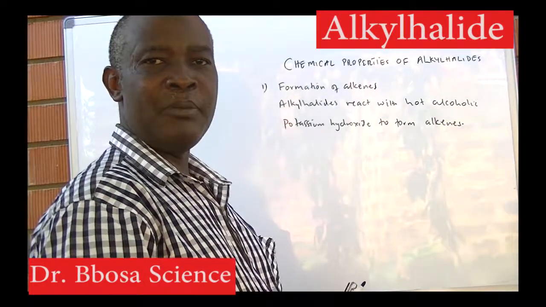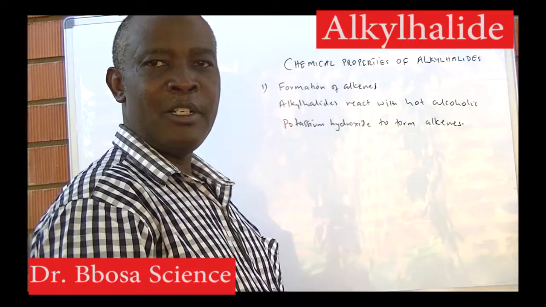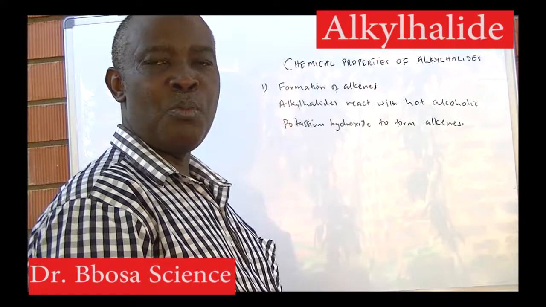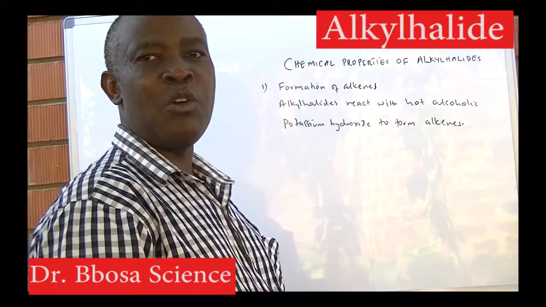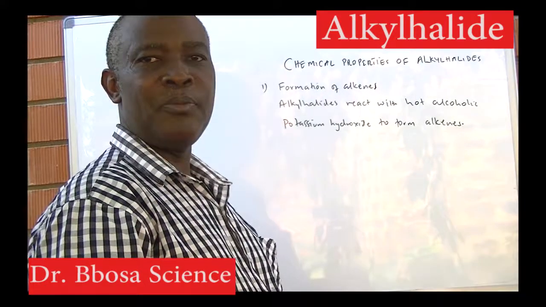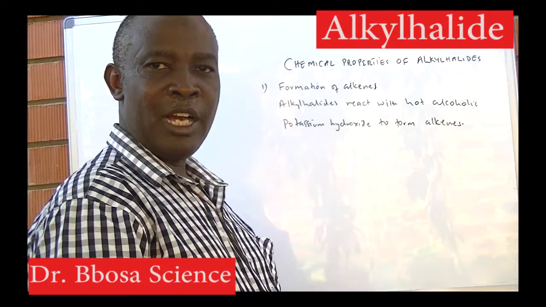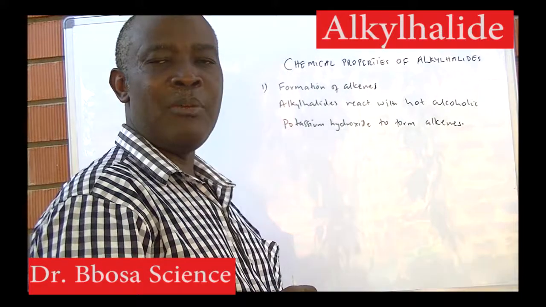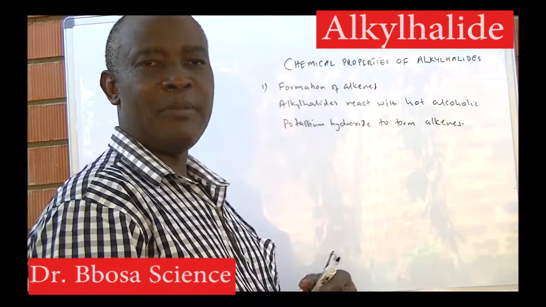The mechanism depends on the type of alkylhalide. Primary alkylhalides undergo the E2 mechanism, whereas tertiary alkylhalides undergo the E1 mechanism. Secondary alkylhalides undergo either mechanism, either E1, elimination unimolecular, or E2, elimination bimolecular.